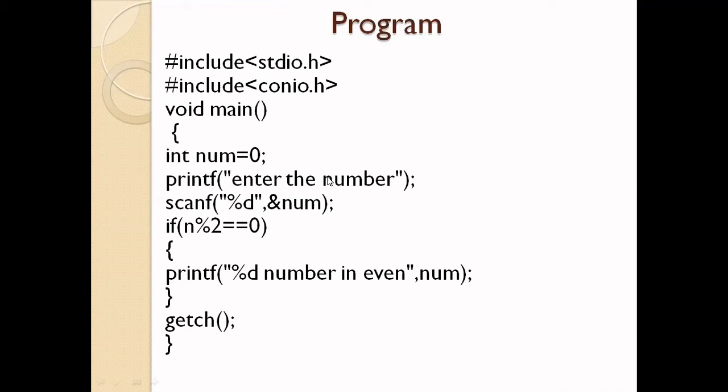Now I am giving the print statement. It will ask to enter the number. I am giving some number. It will get the number and check whether the number is even or not. If it is even, it will print that the number is even. If the condition is not satisfied, it will not do anything. This is called the if statement, a one-way selection statement.